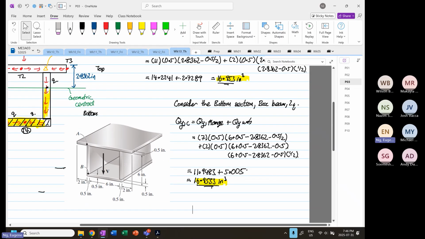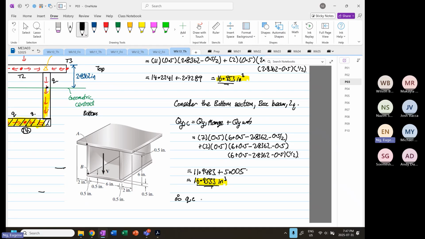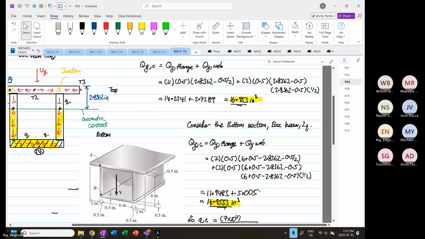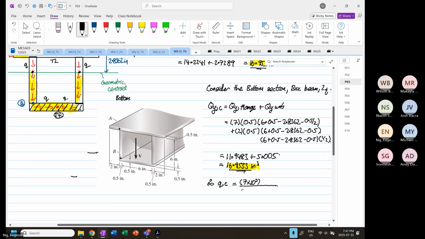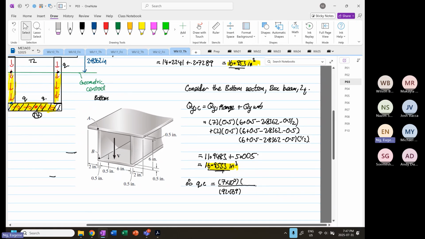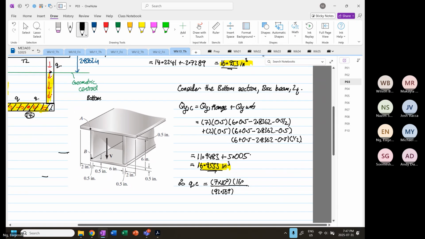So therefore, the Q at point C, which is at the centroid, is equal to 7 times 10 to the power 3, and then we divide the whole thing by 92.569, multiply by 16.953.